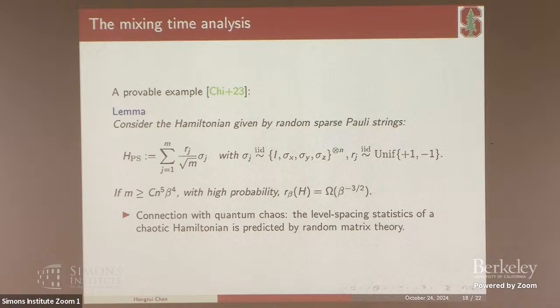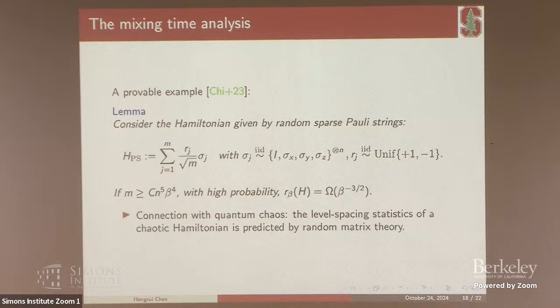The example is the random sparse Pauli string: each term is a random Pauli string acting on the qubits, with random coefficients. The number of terms in the sum is m, and m should be sufficiently large, larger than some polynomial, but not exponential.